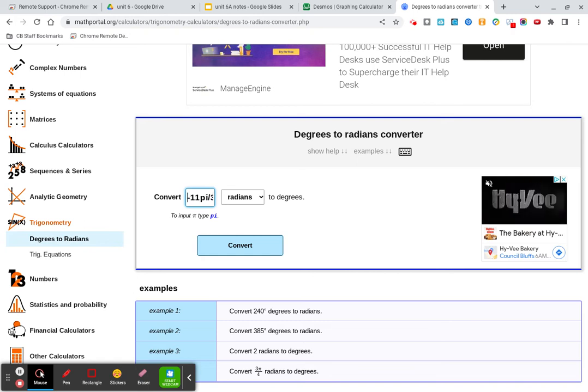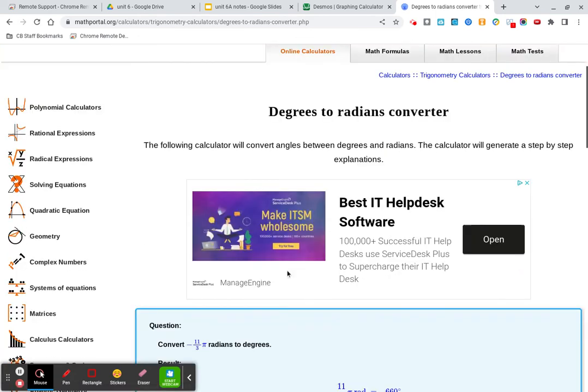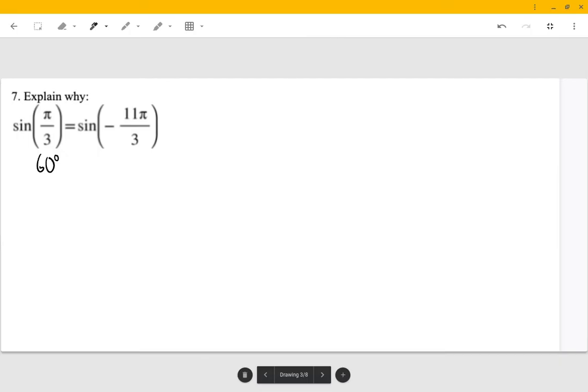Notice it says to type pi for pi. I'm going to convert that to degrees, and it tells me that that is equivalent to negative 660 degrees.